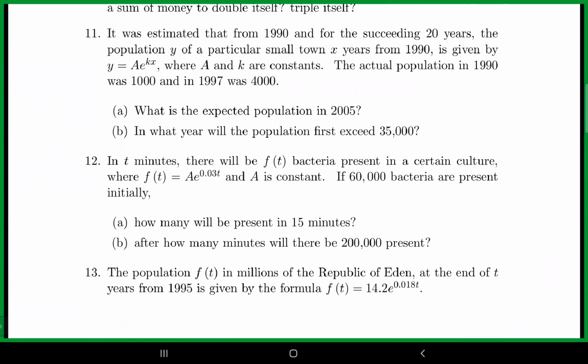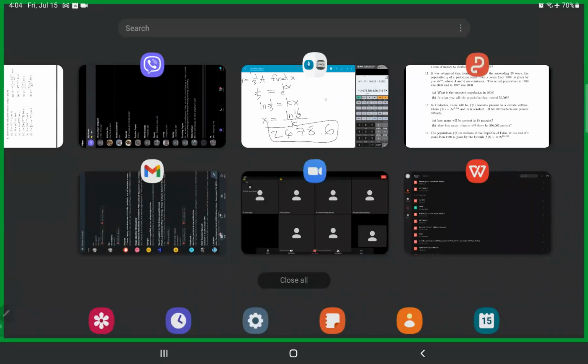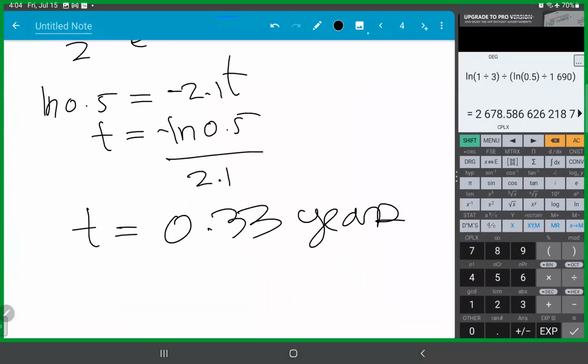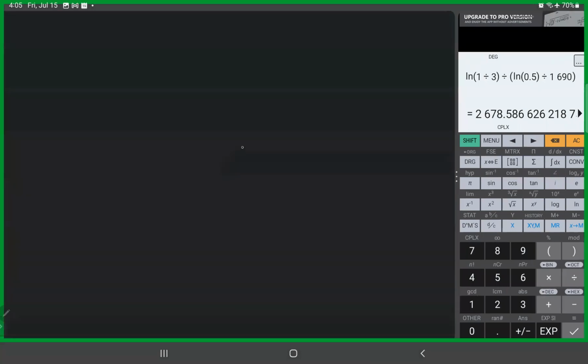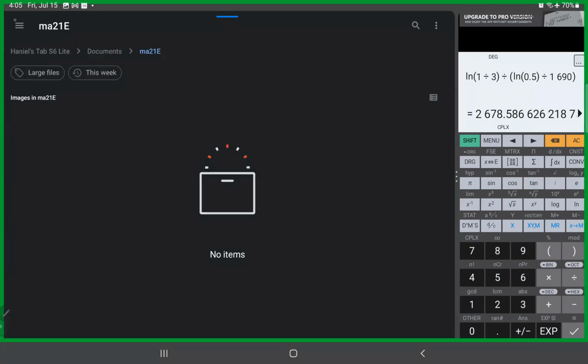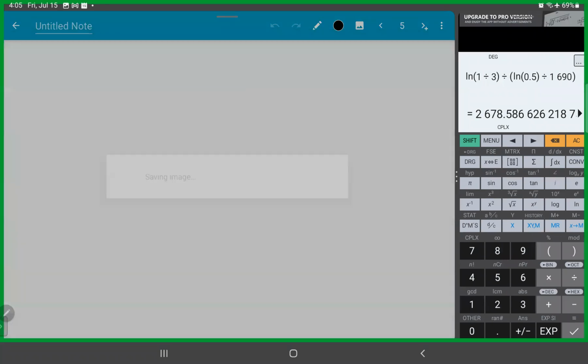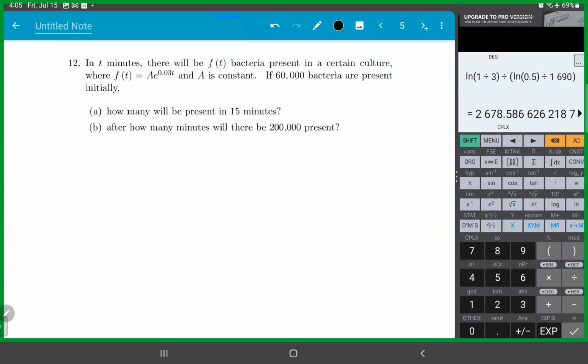Siguro isang illustration pa. I also uploaded the video na sa exponential growth and decay. You might want to check out the problems there.